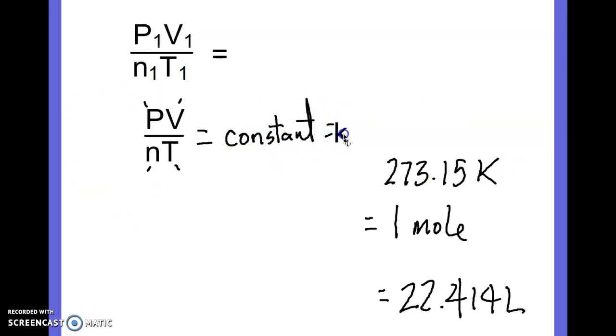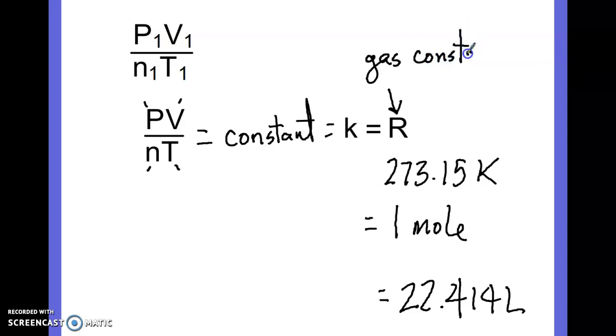But when we're talking about the ideal gas law, we use a symbol: instead of k, we use capital R. That just means this is the symbol for the gas constant.